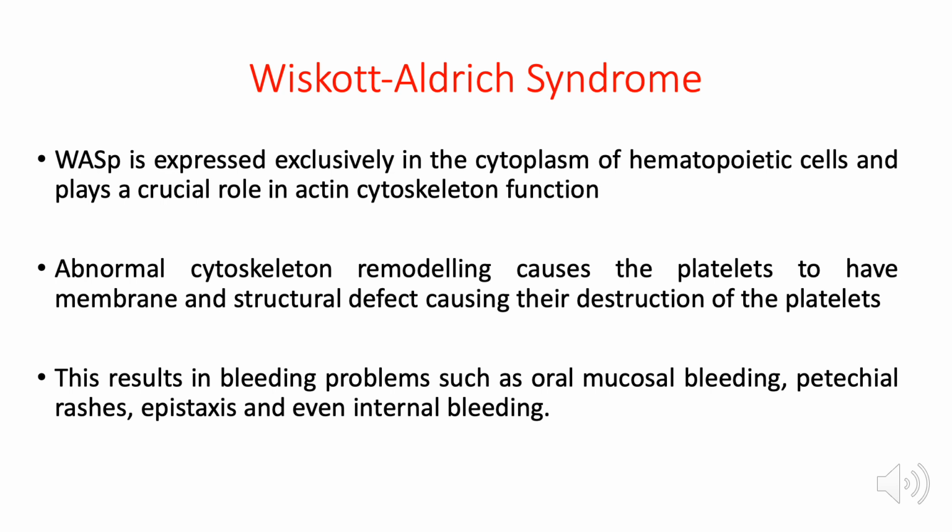Thus, patients with Wiskott-Aldrich syndrome will have thrombocytopenia. And they will have what? Oral mucosal bleeding or gingival bleeding. You have petechial rashes on the skin, epistaxis, the bleeding in the nose, and worst, they will also have internal bleeding, especially on the gastrointestinal tract.